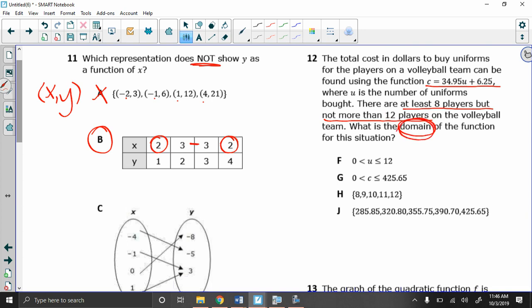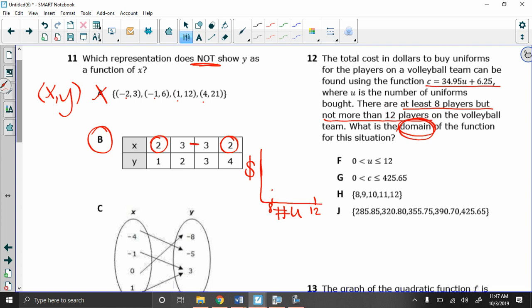So I have to be counting by whole numbers. So it's wanting the domain, and for this one, the domain is going to be the number of uniforms, because the more uniforms we have, the more money it's going to cost. So if I'm starting right here at 8 uniforms, there are at least 8 players, but not more than 12. So I want all of the whole numerical values in between 8 and 12.